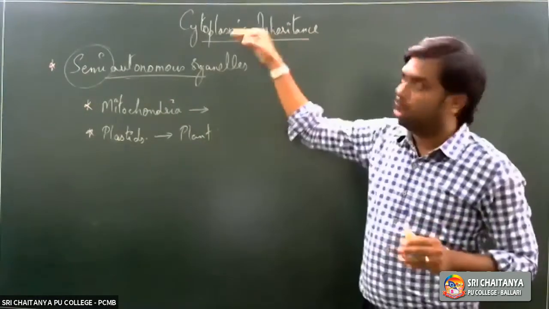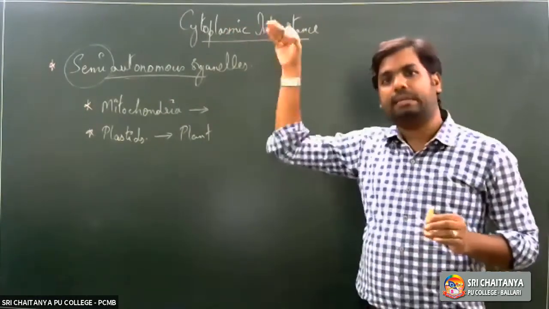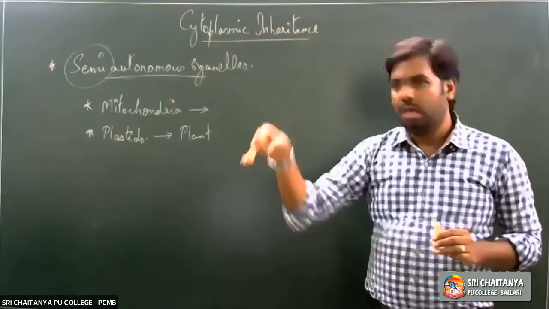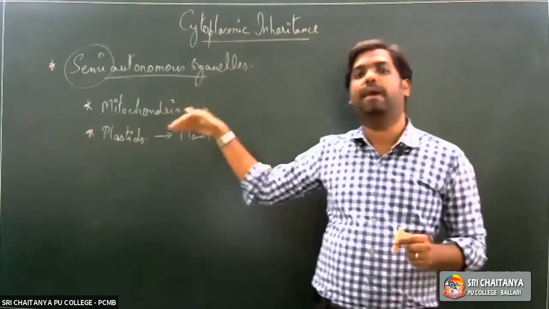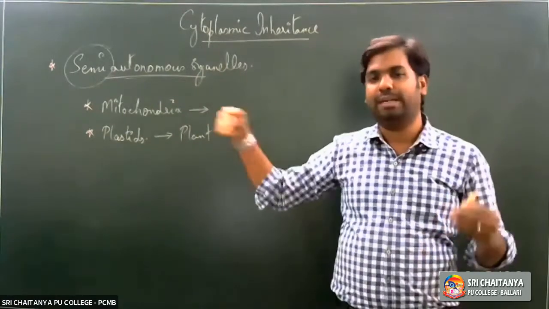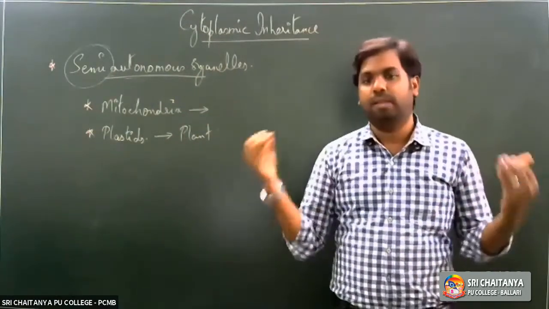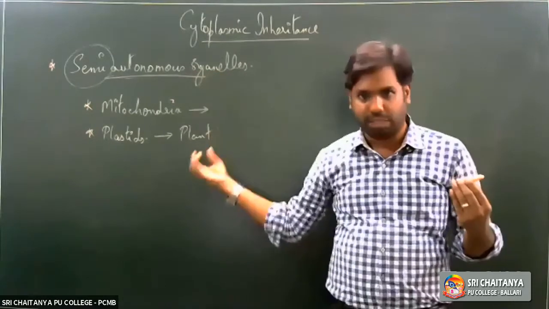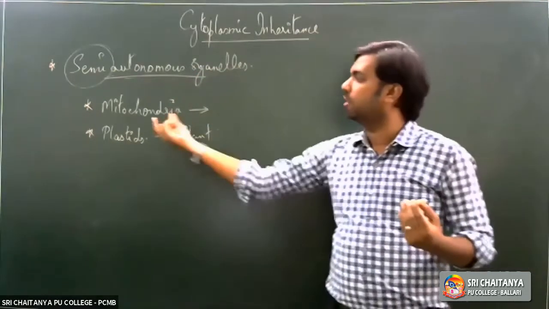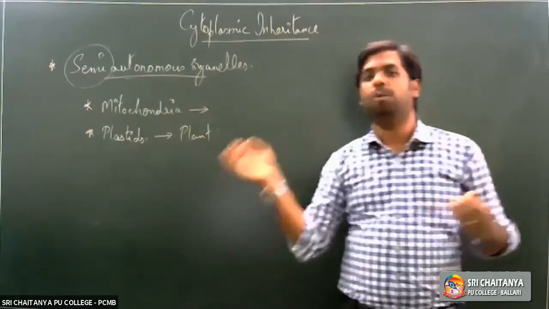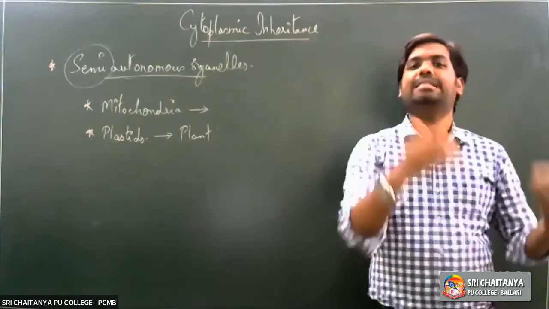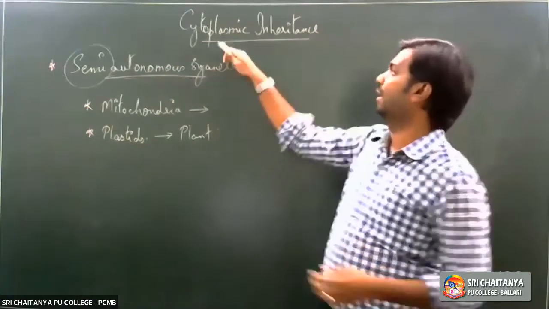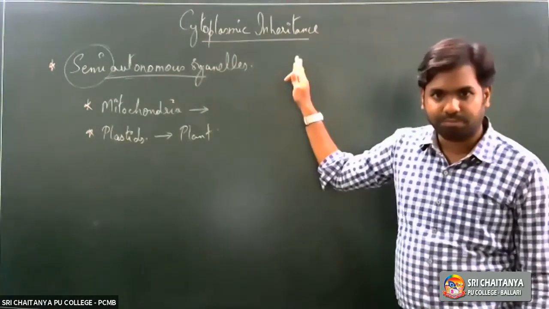Along with the nuclear genetic material, since these organelles have their own DNA, they also have their own genes, and those genes from these two organelles would be inherited to their progeny. Such type of inheritance we start calling cytoplasmic inheritance.